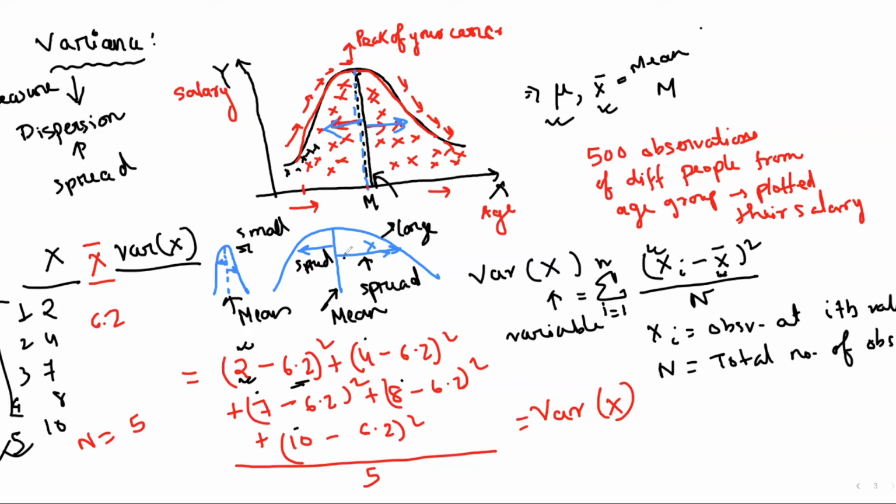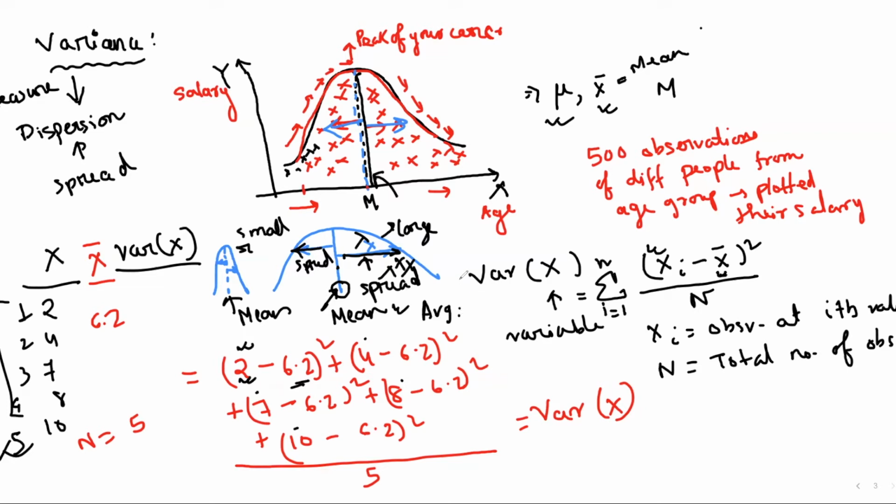If the spread is high, let's say in this case, the data are far away from the mean. This is the mean, right? Far away from the mean. In this particular case, if we use the mean or the average, then our accuracies will be less.